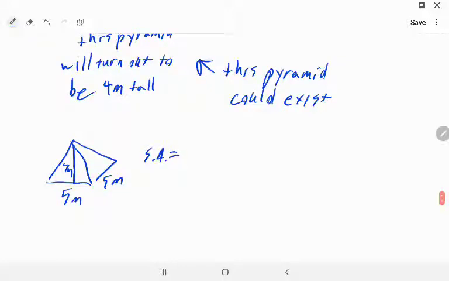That'll turn out to be 25 square meters plus 1/2 times 4 times 5 meters times 7 meters. We can do the calculations.